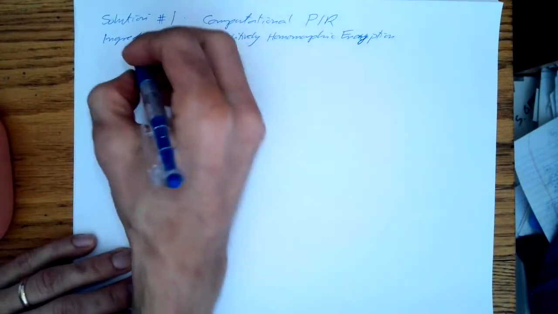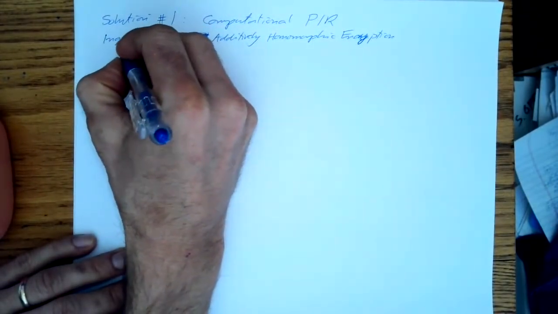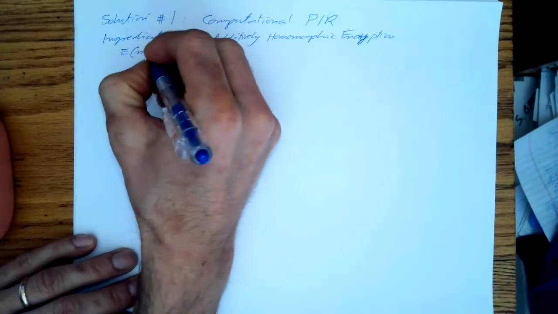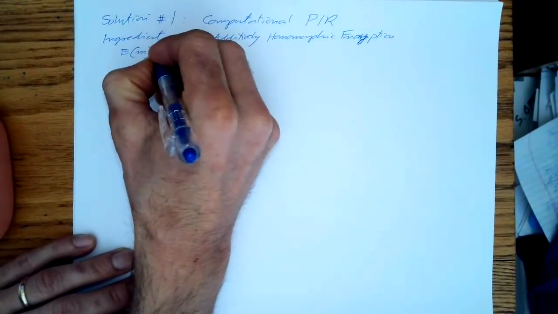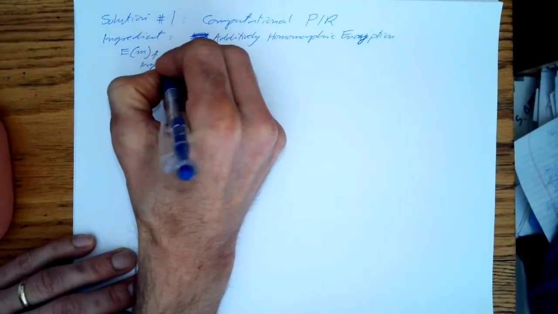So again, what is additively homomorphic encryption? There is some target group.